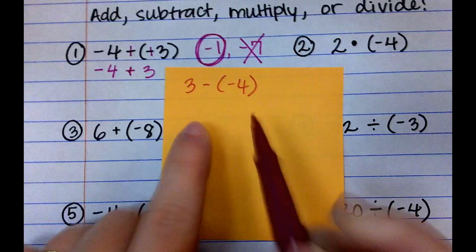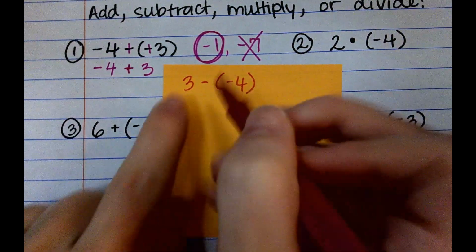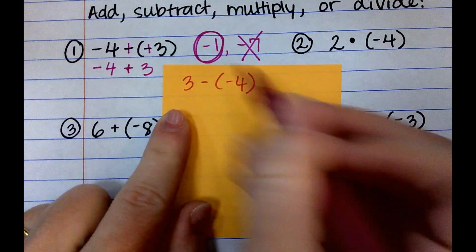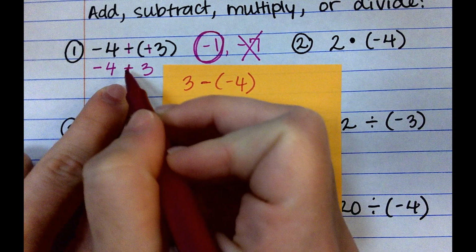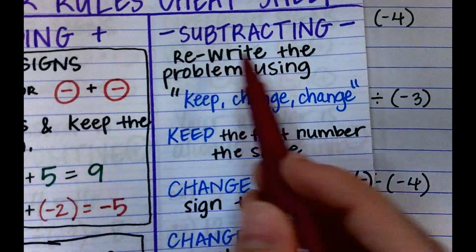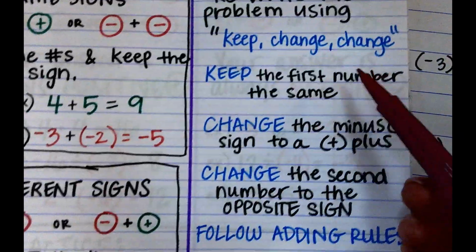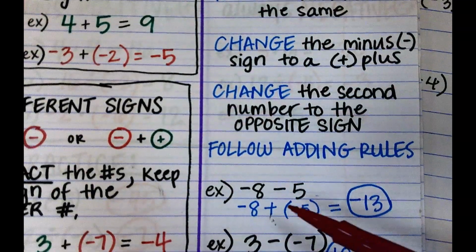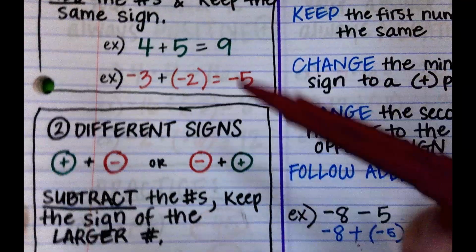Right. So we change it when it's subtraction. It doesn't matter if the bigger number's first or the smaller number's first. When we subtract, we're always rewriting the problem. We always do keep, change because it turns it into addition, so then we can just use the addition rules.